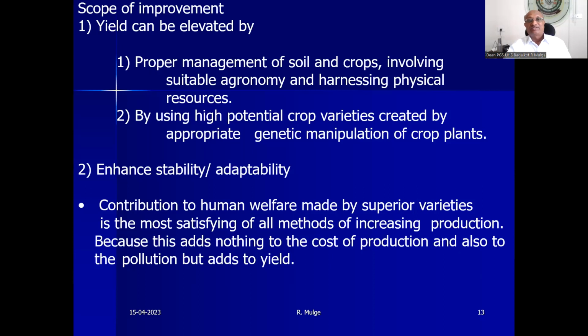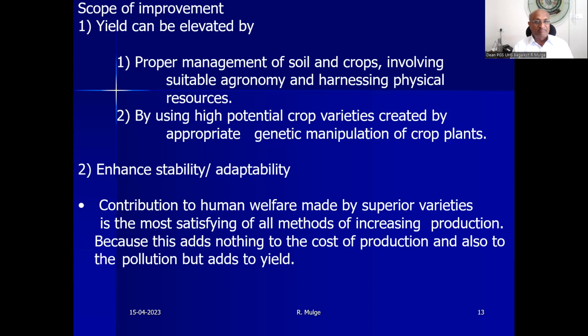It's not only just yield, but also higher yield stability, that is sustainability, because that's possible only by the adaptability of the varieties. And of course, quality is one more aspect. Resistance to biotic and abiotic stress is going to contribute to the yield. So that's why it is covered.